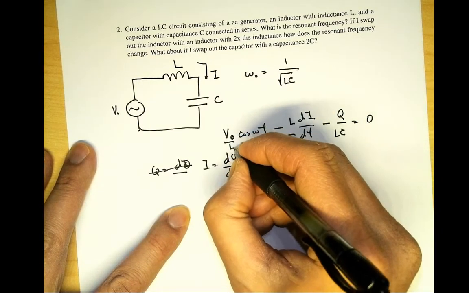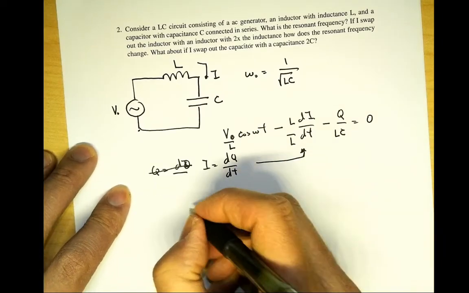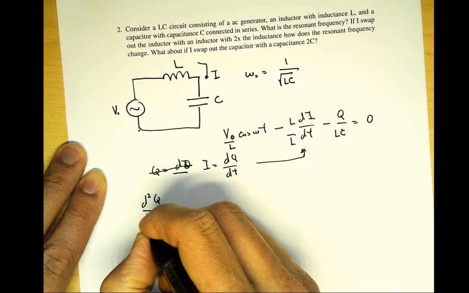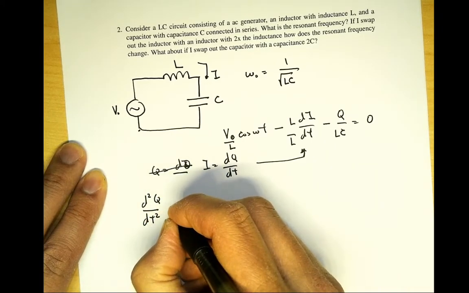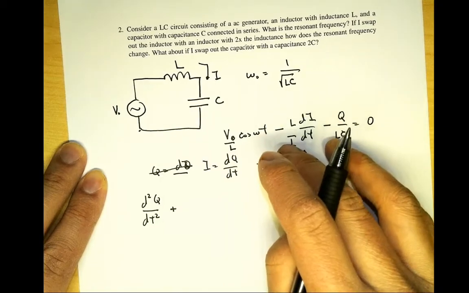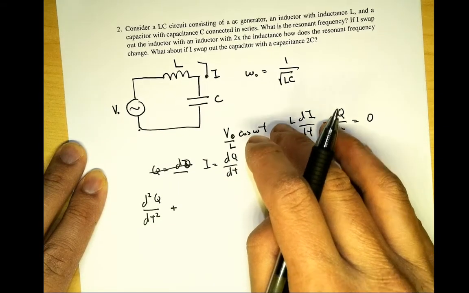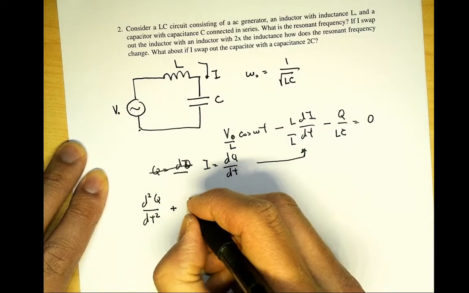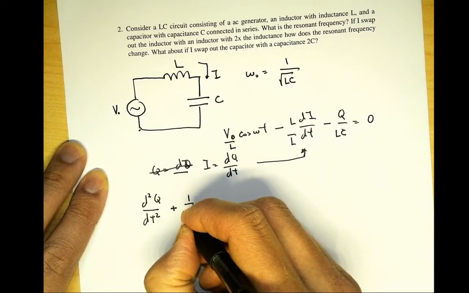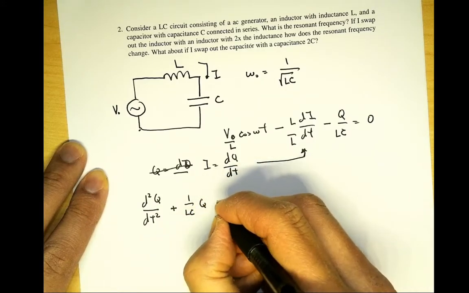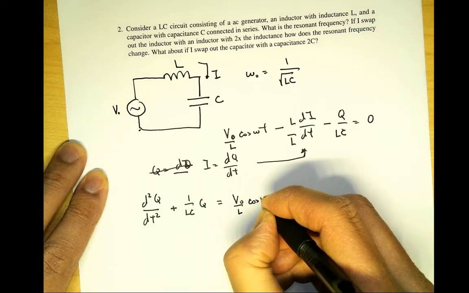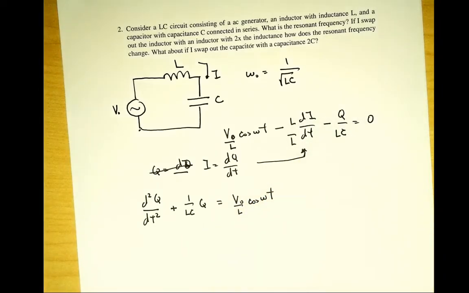Then what you end up getting is d squared Q/dt squared. Now I'm going to put a minus sign on everything, so it changes to a plus. Plus 1 over LC Q is equal to V0 over L cosine omega t. So that's roughly the statement first.